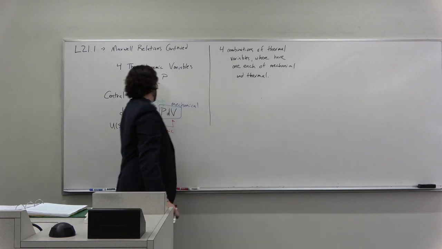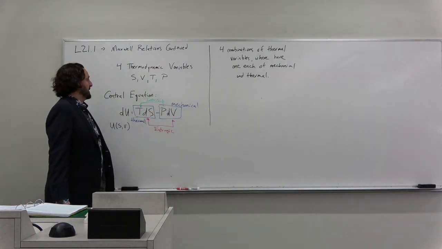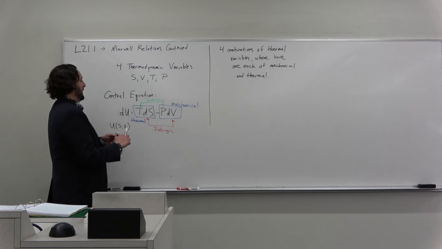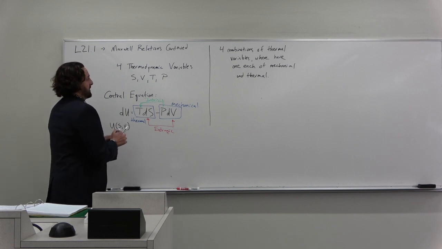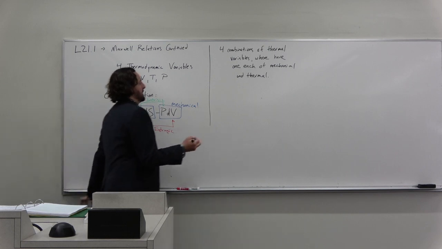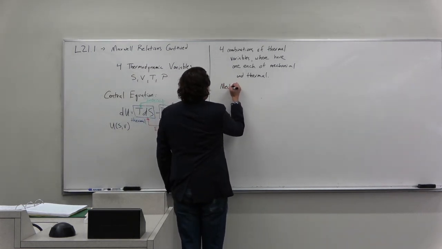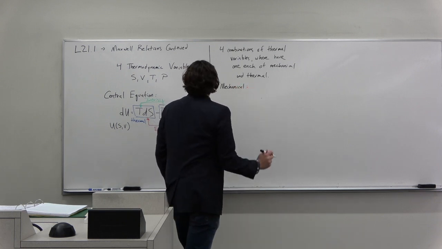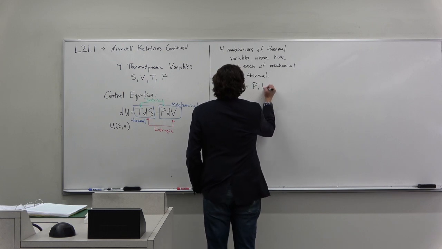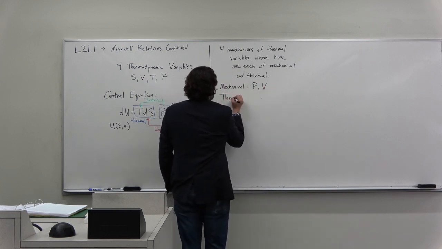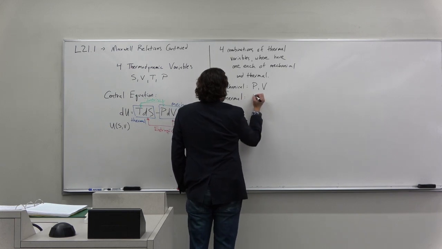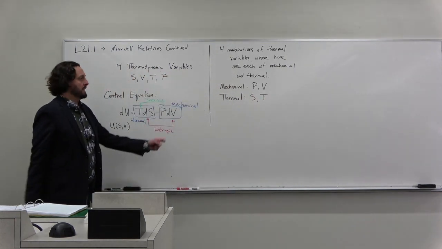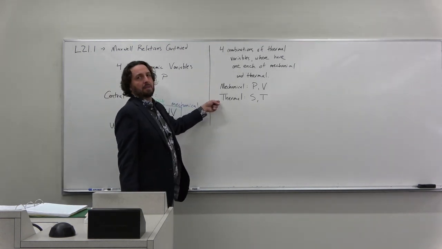That is, I can make four possible combinations. Let's actually mark it out again. Our mechanical variables are P and V, and our thermal variables are S and T. Right? These have to do with work, and these have to do with heat.